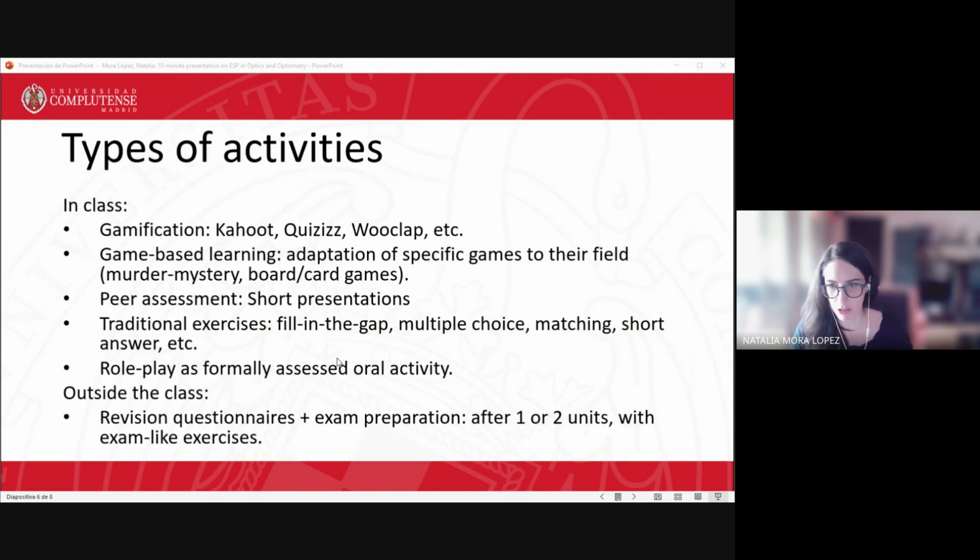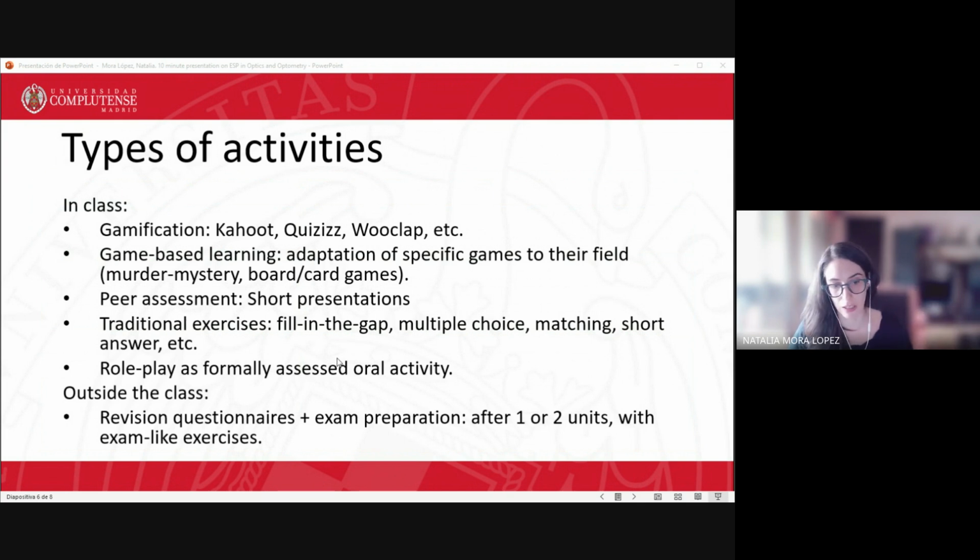And we also have traditional exercises. We have fill in the gap, multiple choice, matching, short answer. And we have, for example, a role play, which is formally assessed, usually at the end of the course. They have to give a presentation as if they were in a conference, for example.